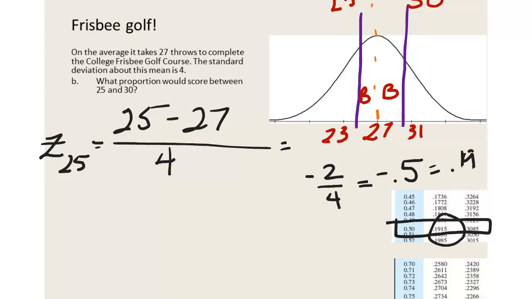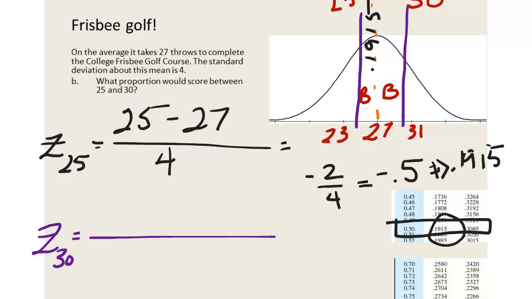0.1915 seems reasonable because I know that the whole chunk is 34%. 19% seems about right for the larger half of the chunk, meaning the half that's closer to the center. So I'll go ahead and label that in, 0.1915. Remember, it uses a z-score to find the area, and then you deal with the areas.